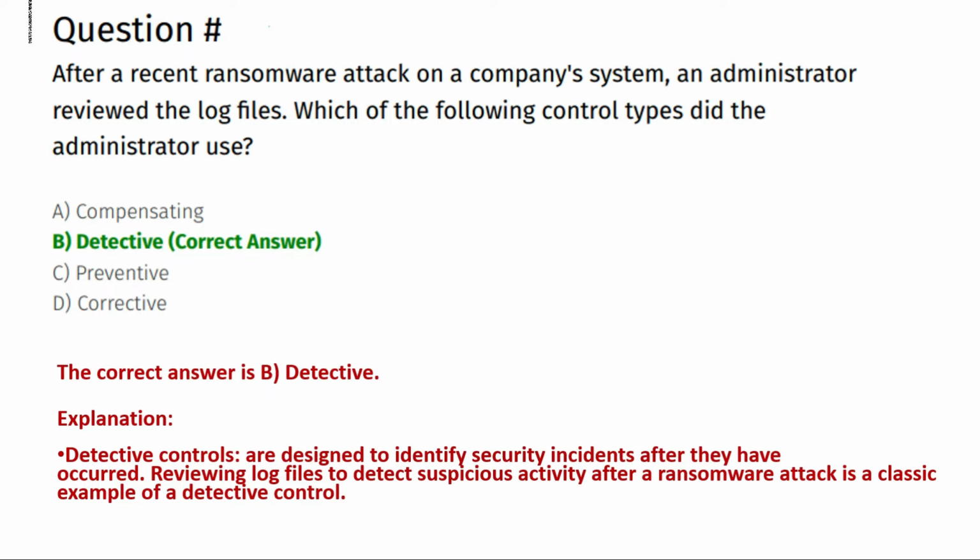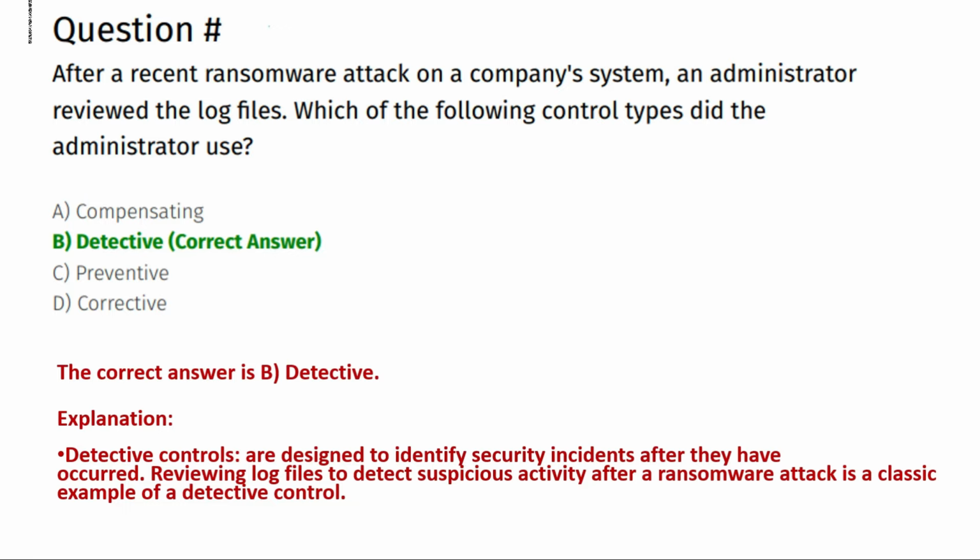The next question is, after recent ransomware attacks on a company's system, an administrator reviewed the log files. So which of the following control types did the administrator use? Option A, compensating. Option B, detective. Option C, preventive. Option D, corrective. And the correct answer for this question is option B, detective.